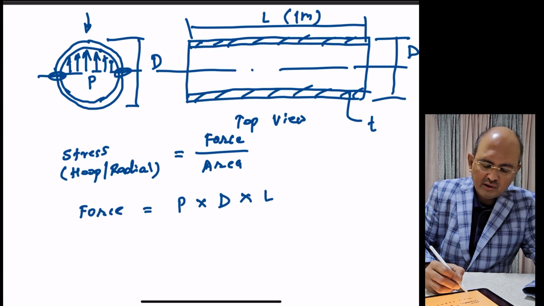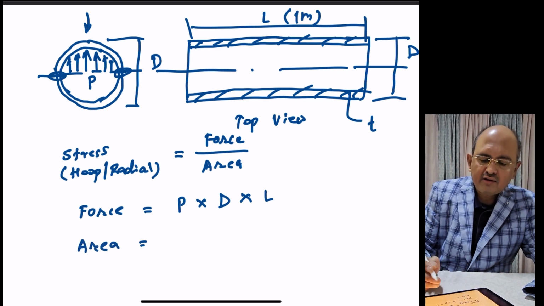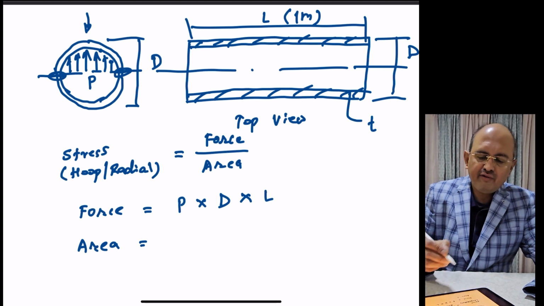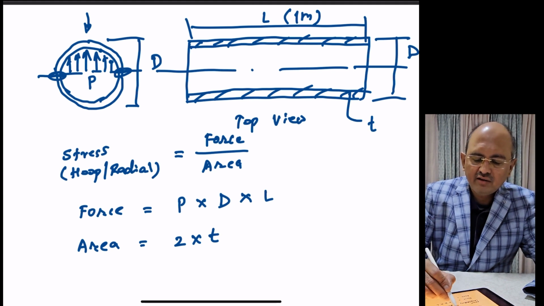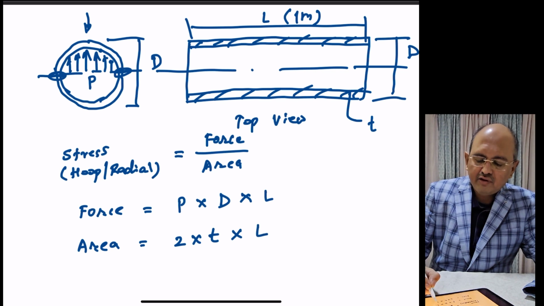Okay, so to calculate the stress that is induced in the pipe, we have to find out the resisting area, which is going to be 2 times T. As you can see here, this is 1 T, this is another T. Okay, T is the thickness, into length L, which is the unit length.